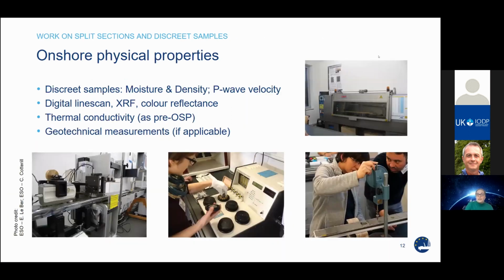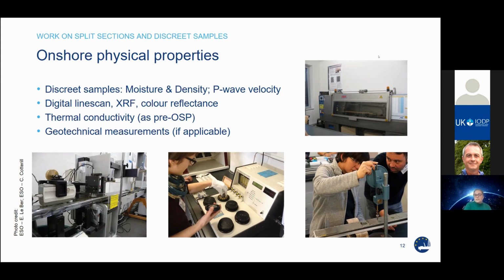When we are back in Bremen, we work on the split sections and the discrete samples. So again, we work on the legacy data set with the discrete samples on moisture and density and P-wave velocity. The split cores get the digital line scan, XRF, and color reflectance done on them. Before the science party arrives, we conduct thermal conductivity measurements because they're very time consuming, so it is great when they're done before everyone arrives.